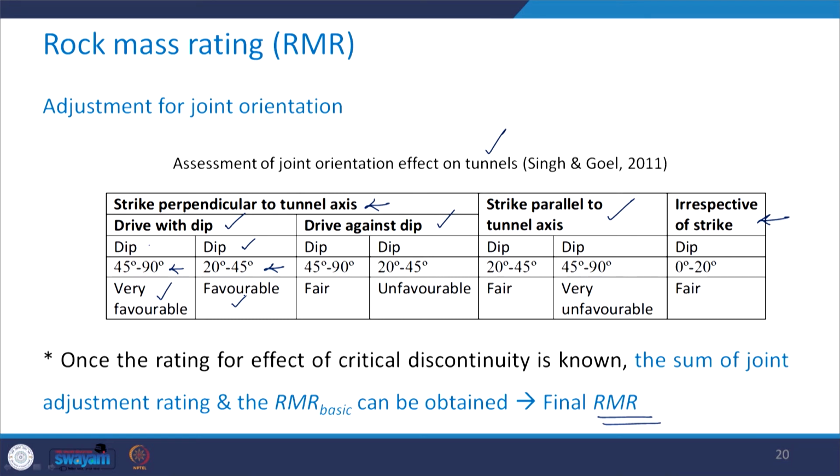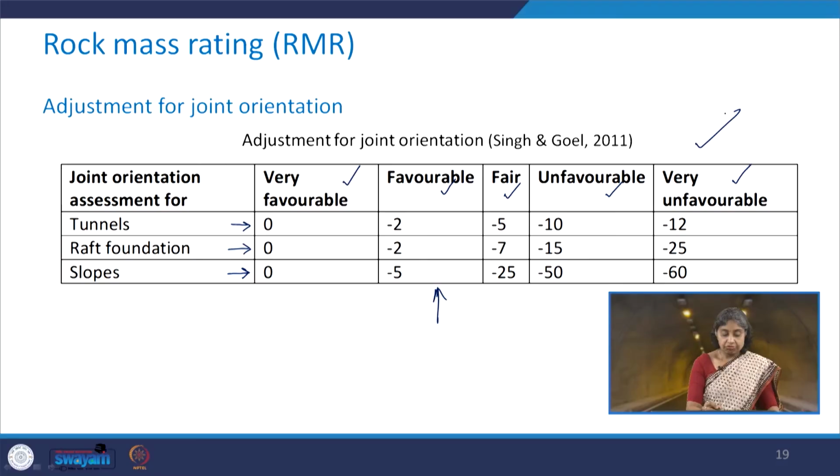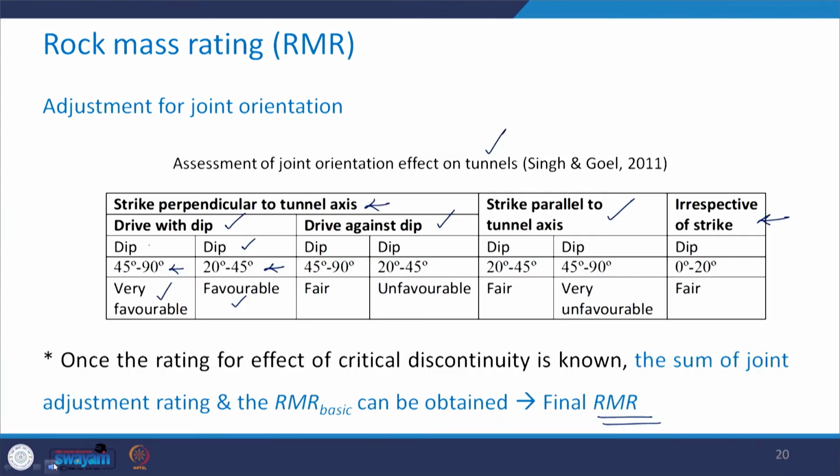Accordingly you find out whether the joint orientation is very favorable, fair or very unfavorable. Accordingly, we can use this table to assign the rating for the adjustment for joint orientation.